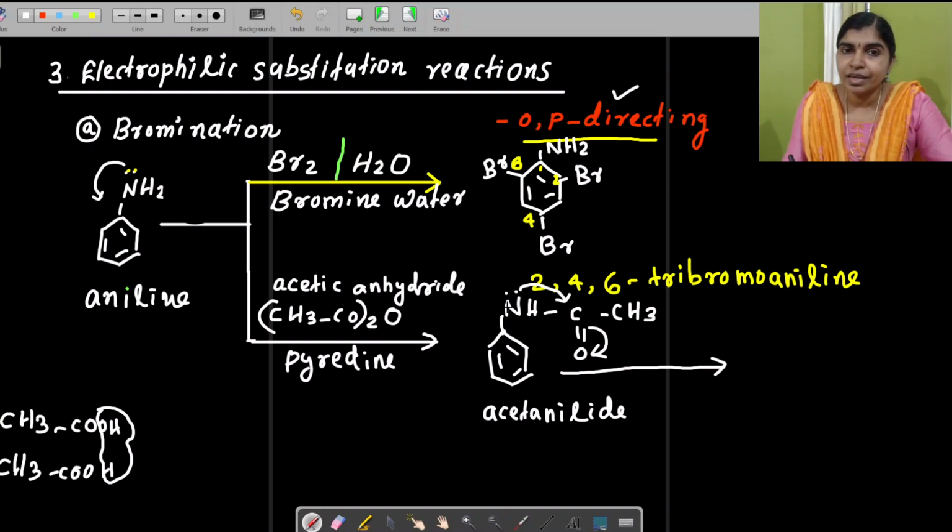Means the availability of the electrons towards the ring decreases due to the presence of this acetyl group here, that is CH3CO group. So that decreases the reactivity.